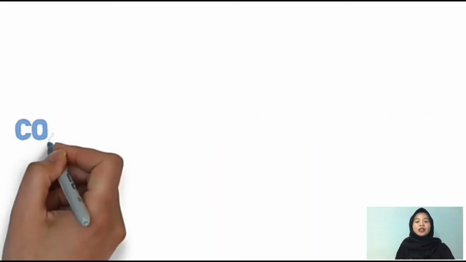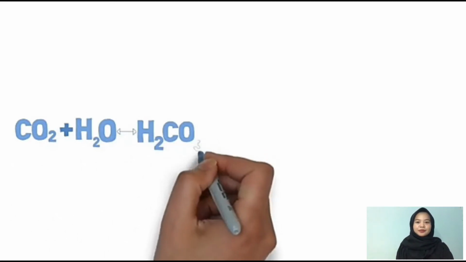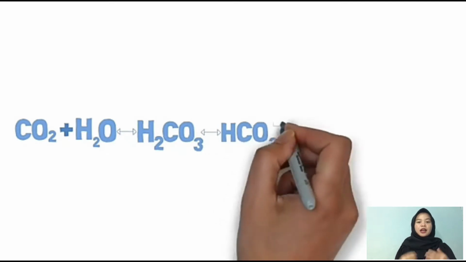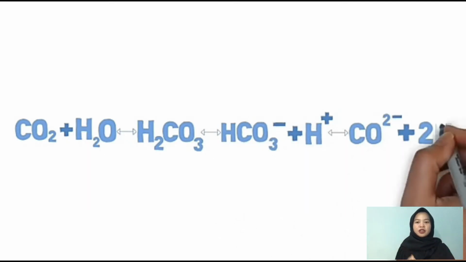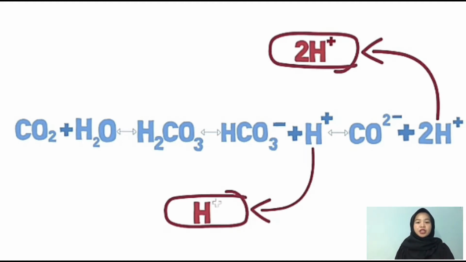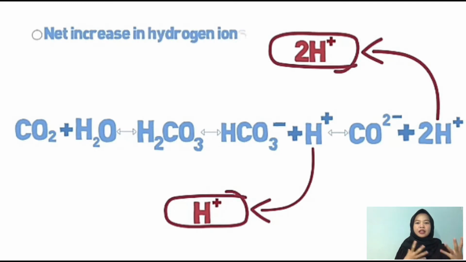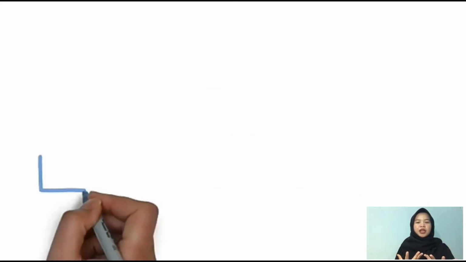So how does it work? Carbon dioxide dissolves in seawater through a series of chemical reactions. These reactions result in a net release of hydrogen ions, leading to a lower pH.